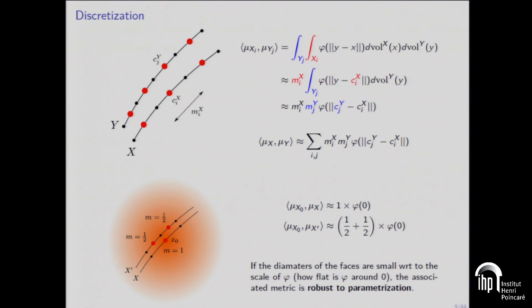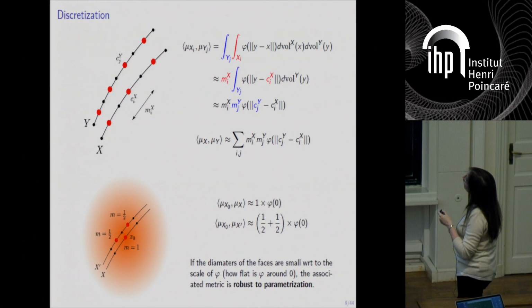And you can define the scalar product between two faces, xi for x and yj for y. The scalar product between these two faces is just the integral on each face of the Euclidean distance of every pair of points, filtered by your function phi.